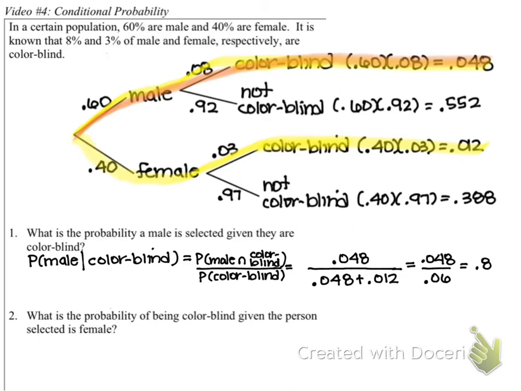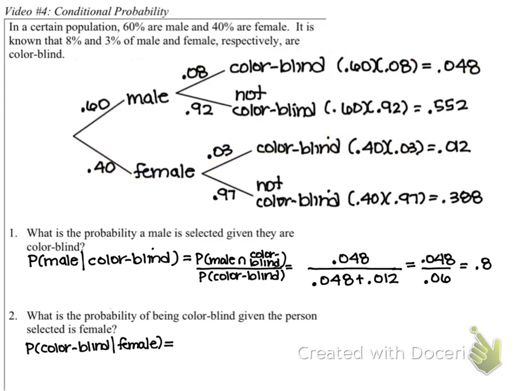Okay, now the probability of being colorblind given that the person selected is female. So what's the probability of colorblind, but we know the person is female. We're going to do the exact same thing. We still have our diagram up at the top, cleaned up a little bit.